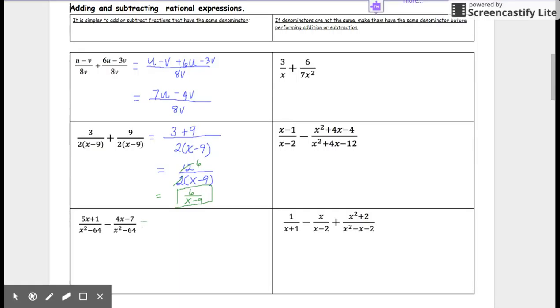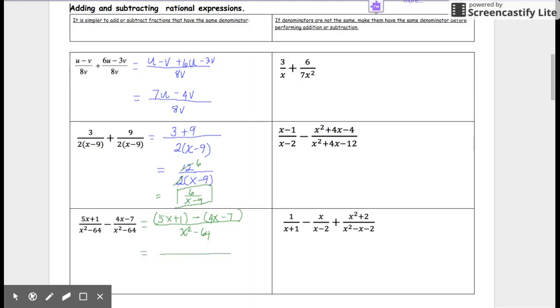Okay, the third one, again, they have the same denominator. So we'll just simplify their numerators. We copy the denominator, x squared minus 64. And for the numerator, we'll have 5x plus 1, take away (4x minus 7). Don't forget to put parentheses around 4x minus 7.